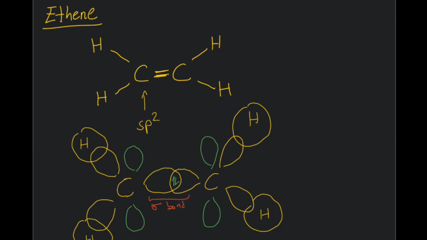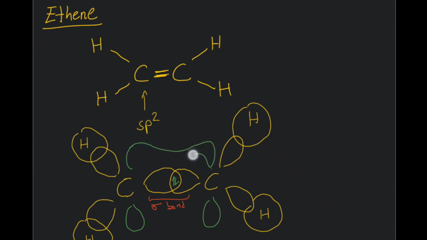And the pi bond occurs between these two pz orbitals. So the overlap is poor. There's a poor overlap between them, and we can draw it as something like this.